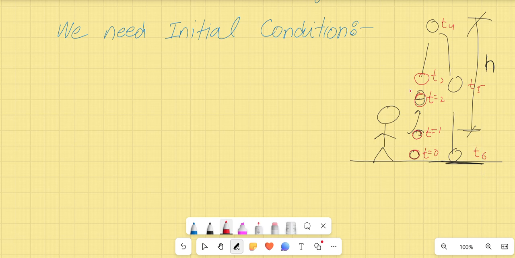So if you know the initial condition at t equals 2, what is its height h, right? So we need an initial condition to find the successive solutions at a point, maybe in between 3 and 4. What is the height at this one? We need the initial condition.